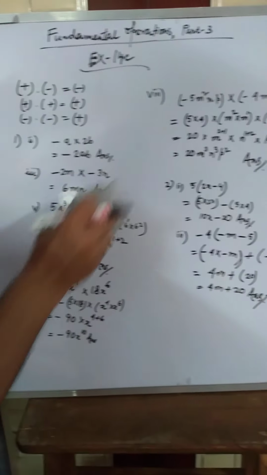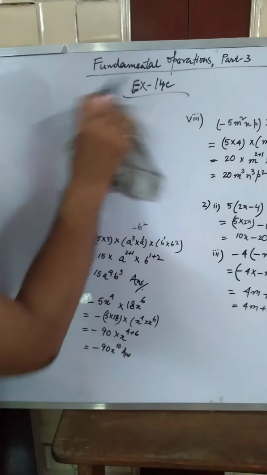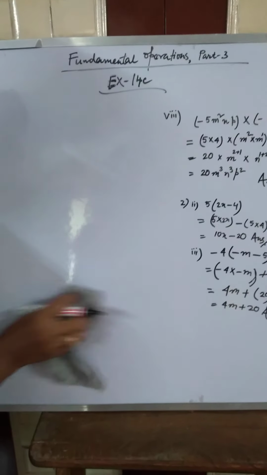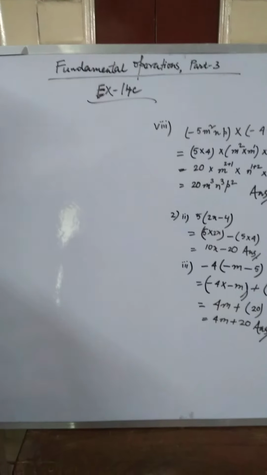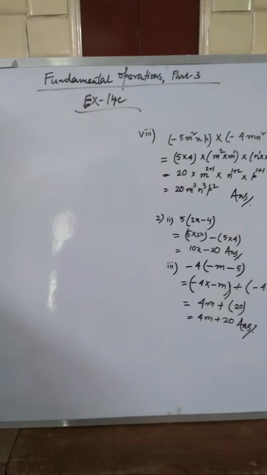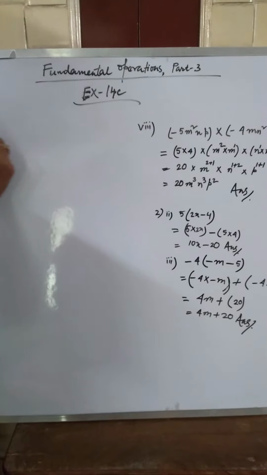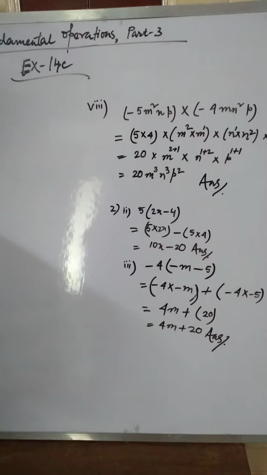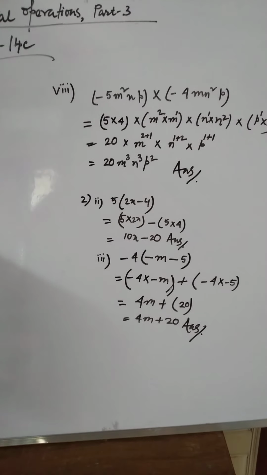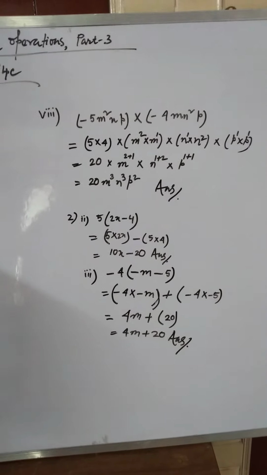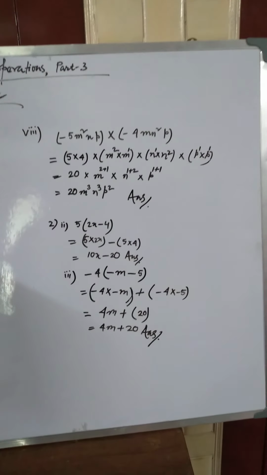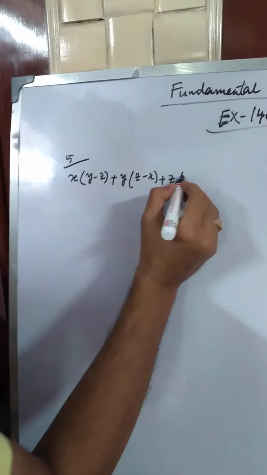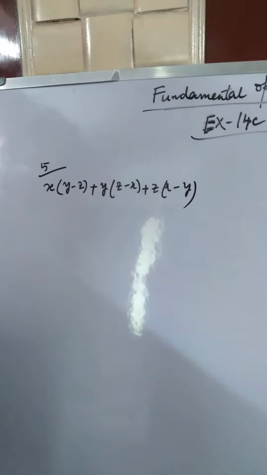Okay. Now let us consider the next one. You see this one, the next one, the last one, practically question number 5. It is a simplification. The question is x within bracket y minus z plus y within bracket z minus x plus z within bracket x minus y.